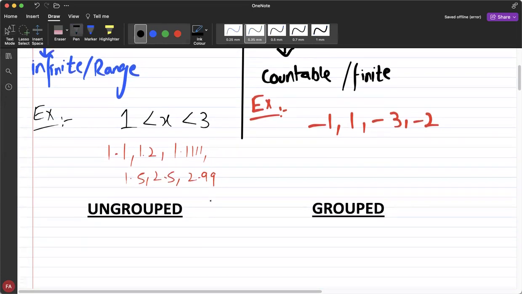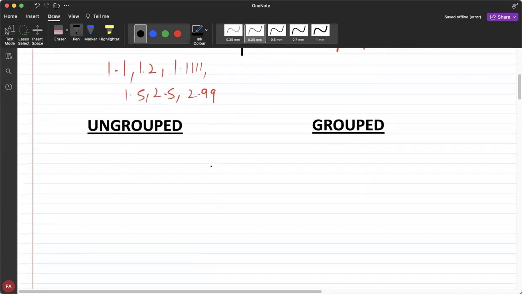Another thing that you should be familiar with is the difference between the word ungrouped and grouped data. When I say the word ungrouped, as the name suggests, it means something that is not organized. You'll probably be able to understand this better if I were to show you an example.